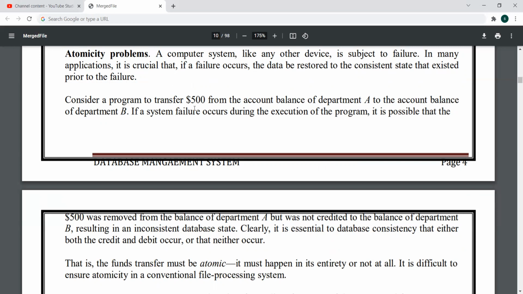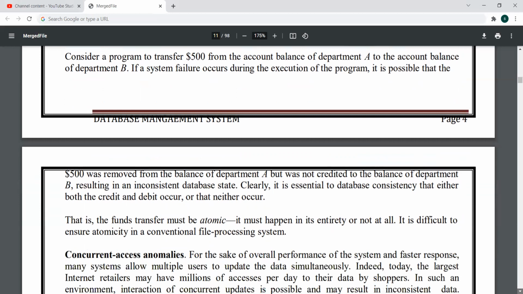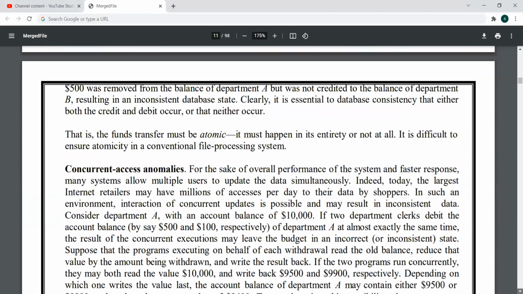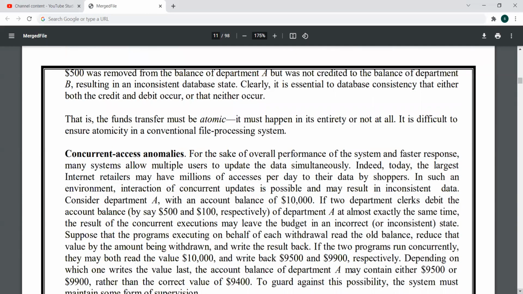Consider a program to transfer $500 from the account balance of Department A to the account balance of Department B. If a system failure occurs during the execution of the program, it is possible that $500 was removed from the balance of Department A but was not credited to the balance of Department B, resulting in an inconsistent database.